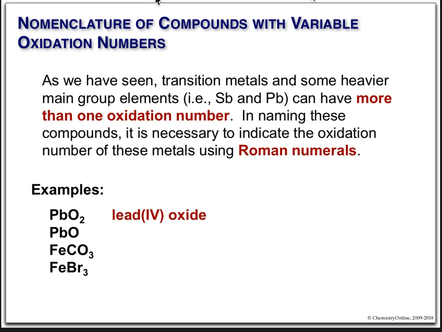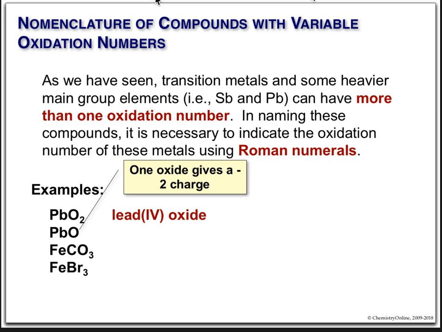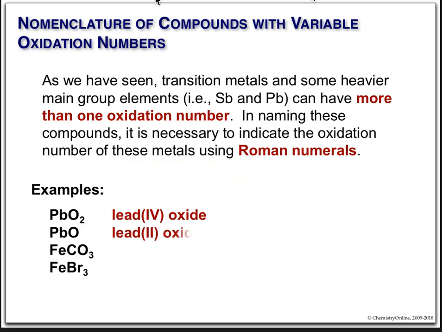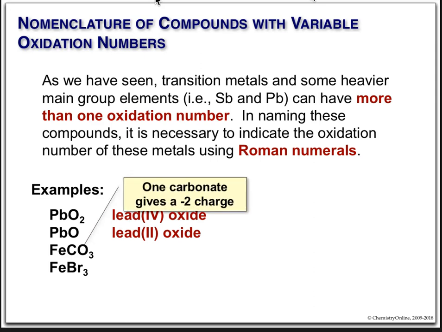Here we said oxygen is -2. That means this lead must be +2. So this is lead(II) oxide. The carbon family is -2. So CO3 is a -2 charge. That means the iron must be a +2.